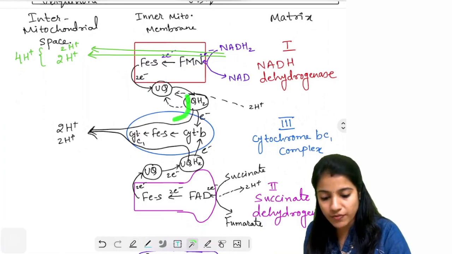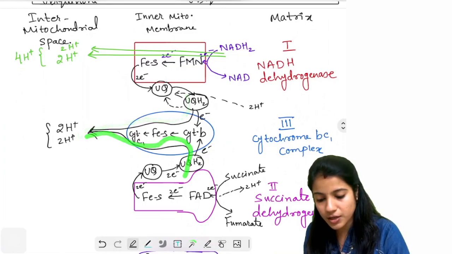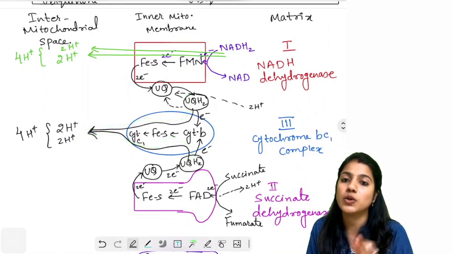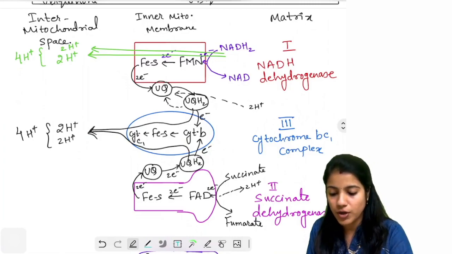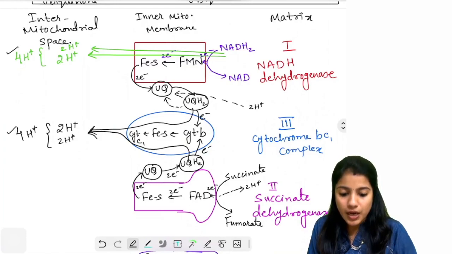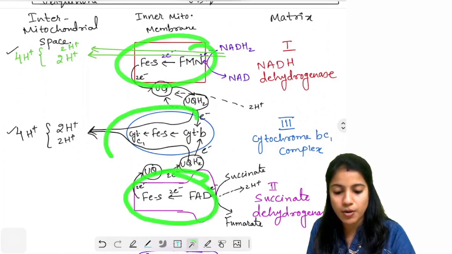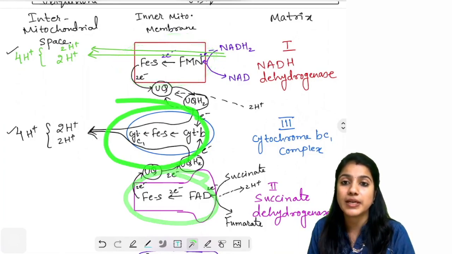That means 2 came from here, 2 came from here. So total again here we got 4 protons. Right, that's why in total we are writing 4 here, 4 here. Now the work of complex 1, complex 2 and complex 3 got completed.